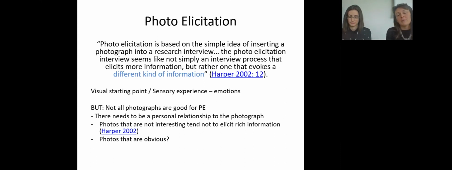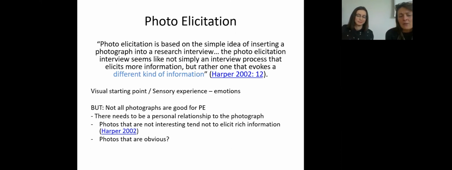But it's important to remember that not all photographs are good for photo elicitation. Importantly, there needs to be a personal relationship between the participant and the photograph. And similarly, photos that are not interesting have been shown to not elicit rich information. So on some levels, the photos do need to be interesting.